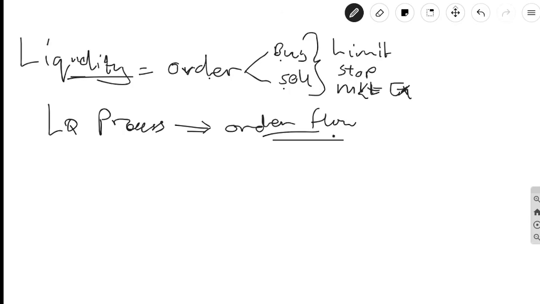So order flow is just an environment that the market creates for you to get simplicity in making decisions in the market. For an order flow to complete, we need to have a liquidation process happen.